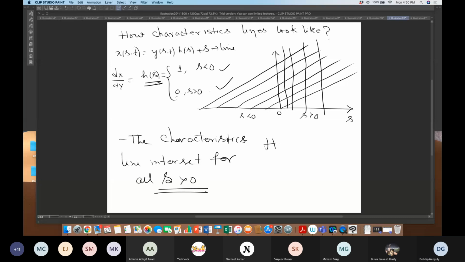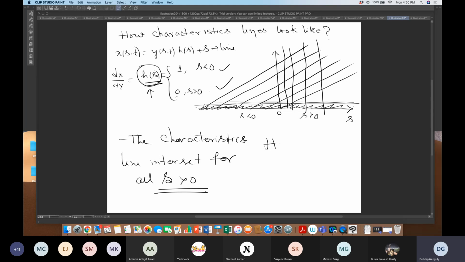For a C1 solution, for the existence and uniqueness of the ODE, you remember the coefficients a, b, c and h are C1 functions and the initial function is continuous. Now h is a discontinuous function, so for s positive you have no solution, not even locally, because this is your characteristic line and locally the intersection is there.